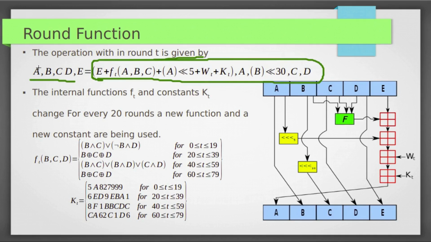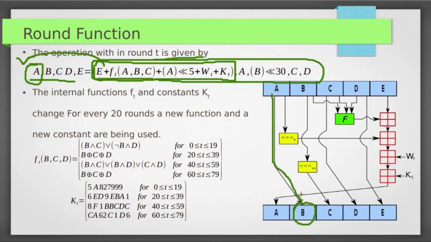To compute this register A value, we need to perform this many operations. The result of this will be A. See here, the B value is directly taken from the previous round value of register A. Let's take it as round T. This will be round T minus 1.